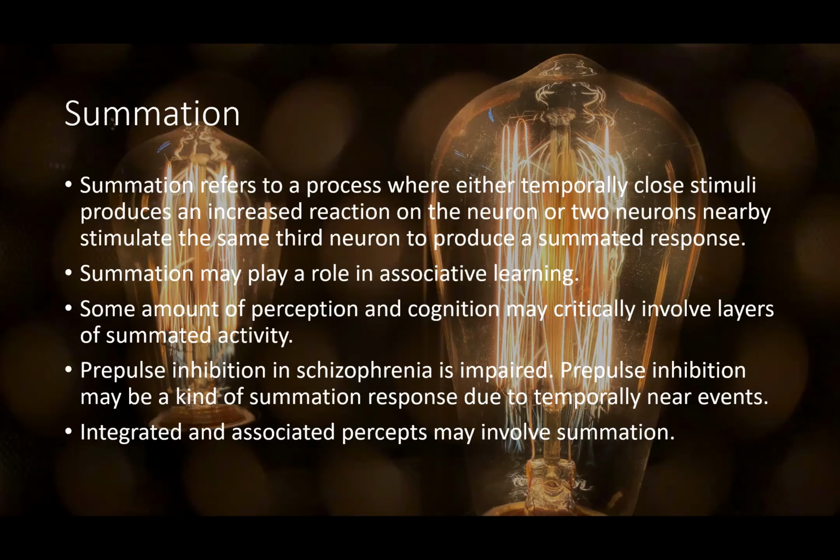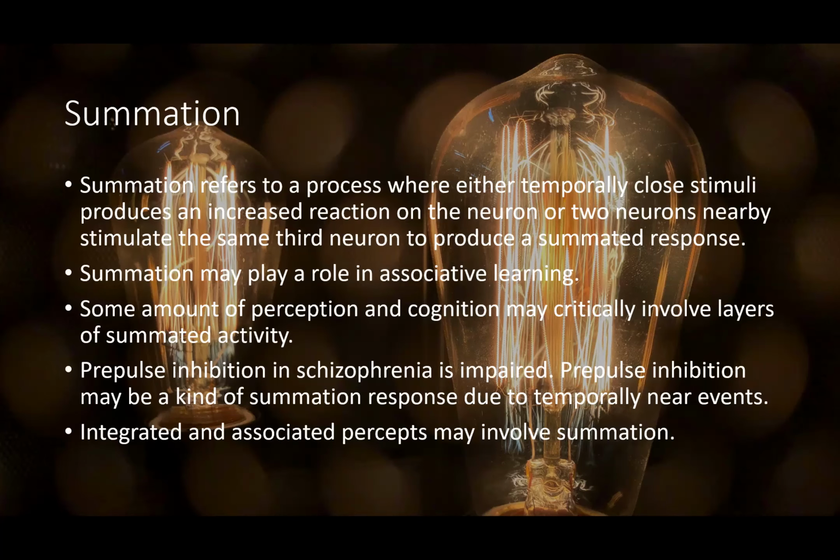And then if we think of spatial summation, you could imagine that two neurons both feed their stimulating signal to the same third neuron, so that if both of those two neurons are sending their stimulation out at the same time, that third neuron has an increased response that is the combination of both of those two neurons.